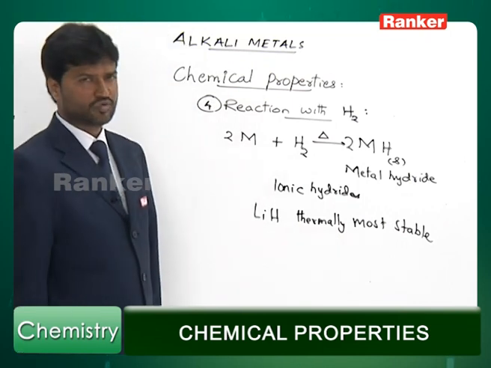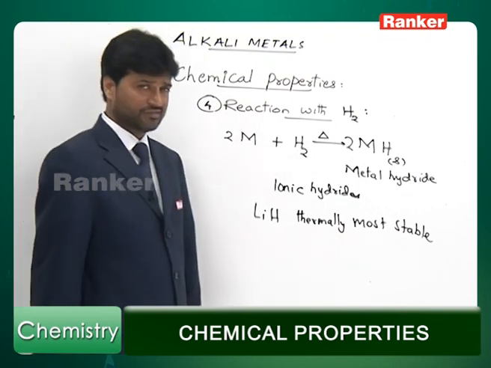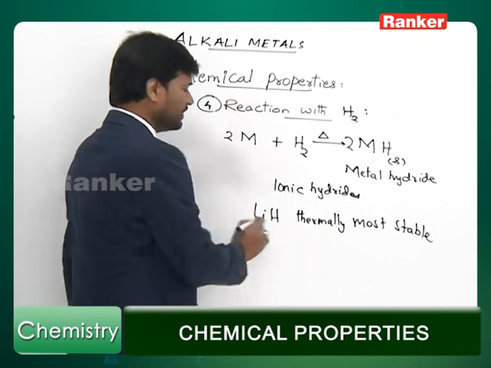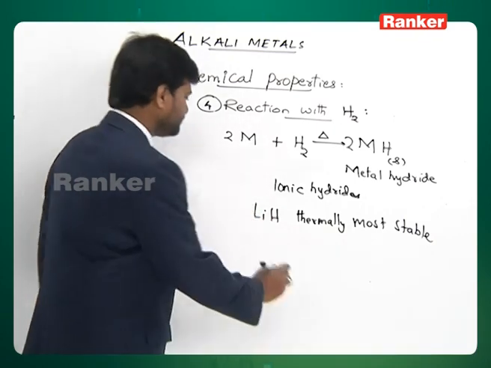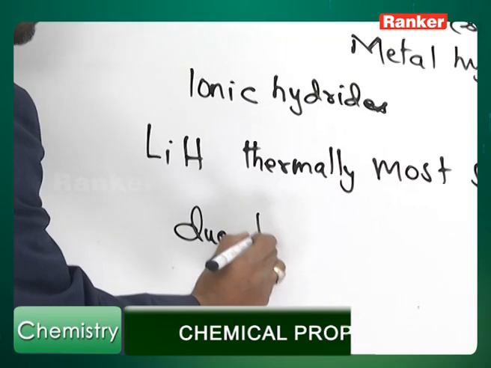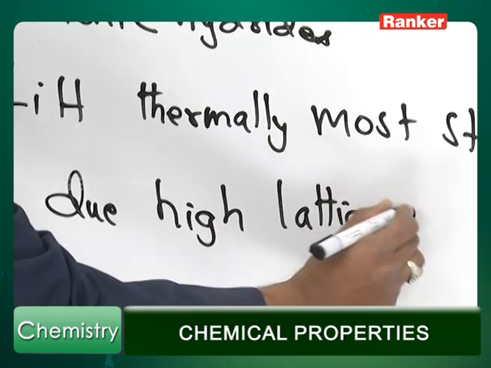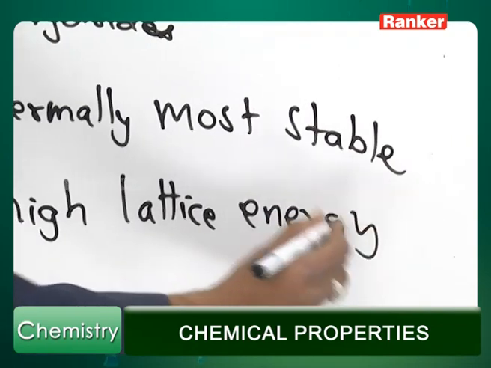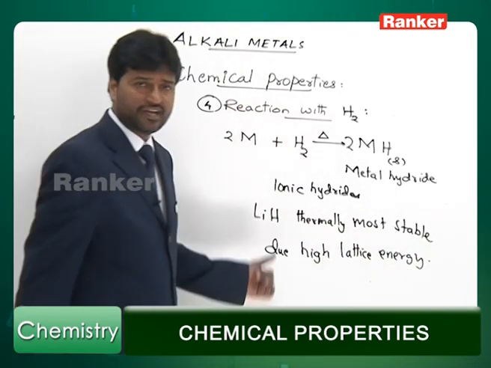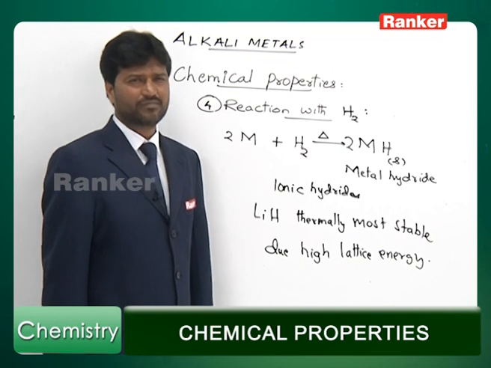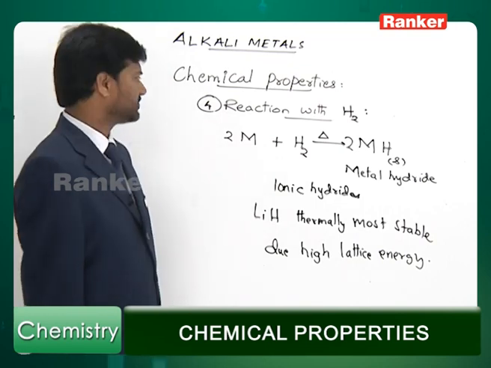LiH is thermally most stable among the hydrides of alkali metals. This can be due to high lattice energy. Due to its high lattice energy, LiH is thermally most stable among hydrides of alkali metals.